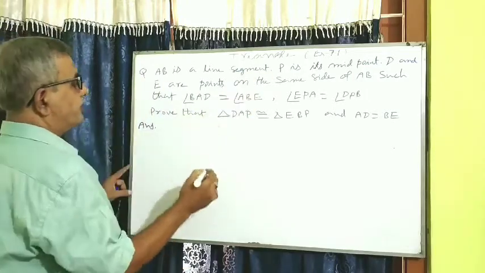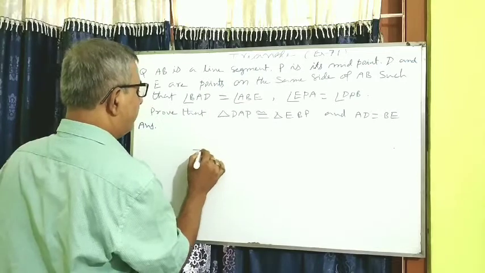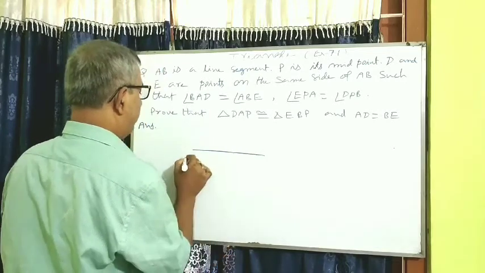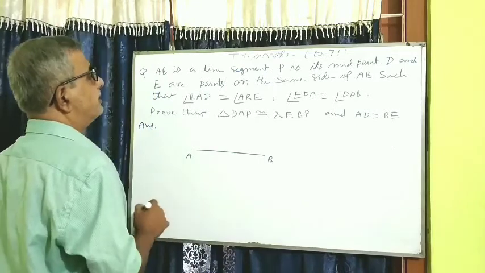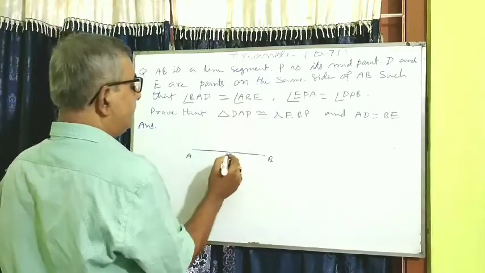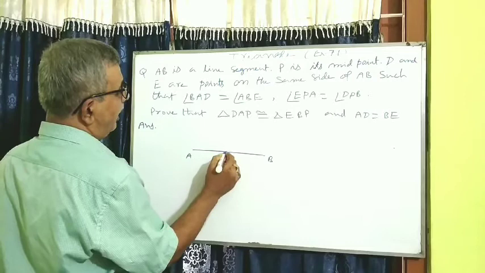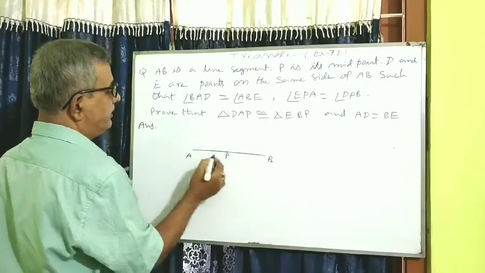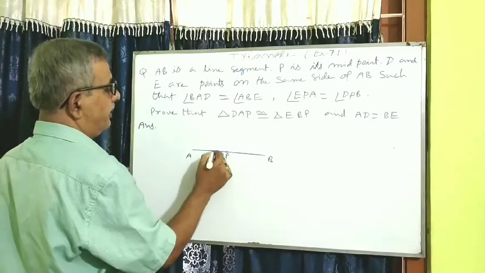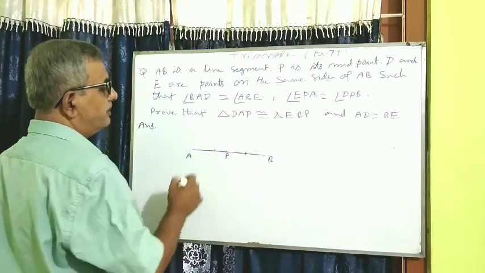AB is a line segment, so I am drawing AB here. P is its midpoint, so I am putting P as the midpoint. Means AP is equal to PB. That is why P is the midpoint.